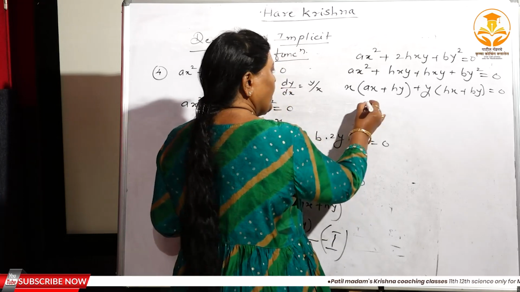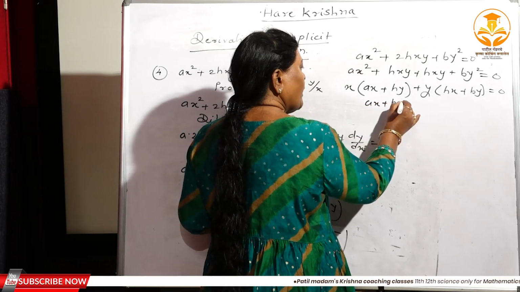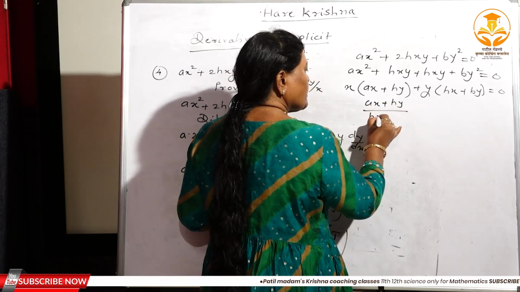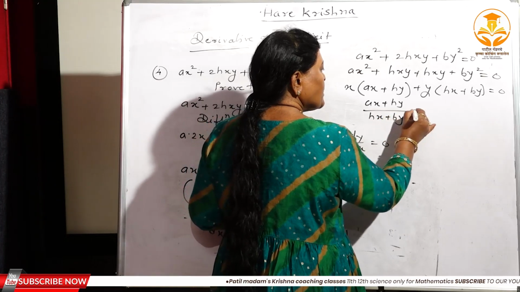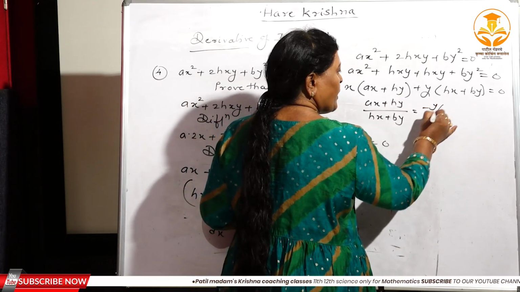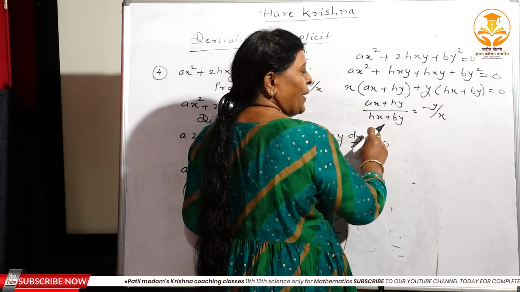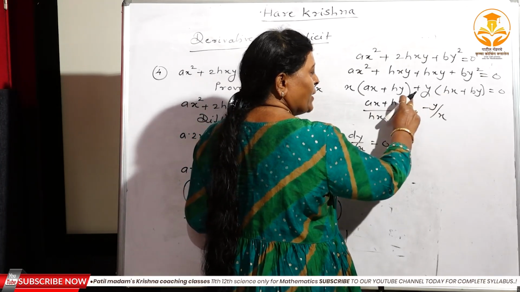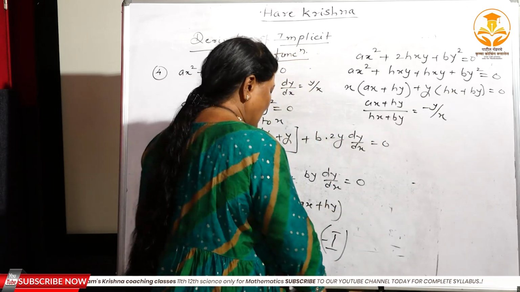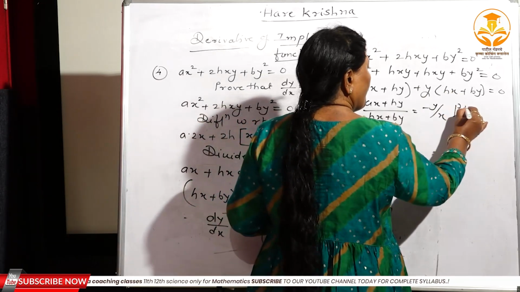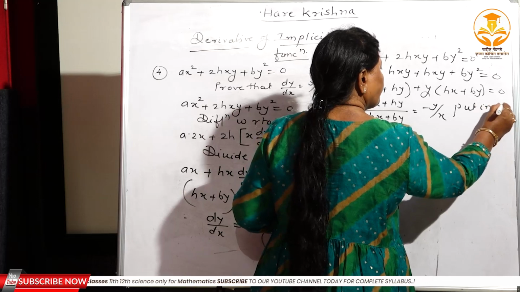Therefore, what do you want here? ax plus hy divided by hx plus by is equal to, this term you can transfer here, minus y by x, right? ax plus hy divided by this is equal to minus y divided by x, isn't it? Now you can put this term in 1.